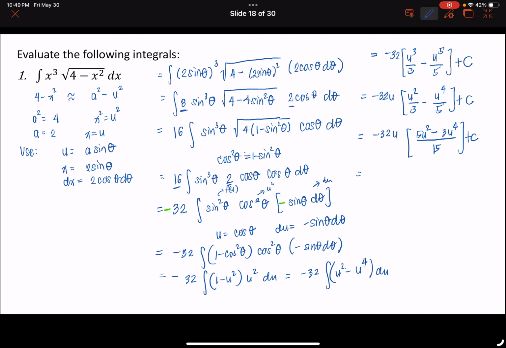So we have negative 32u over 15 times 5u squared minus 3u to the fourth plus c. U is cosine theta. So we have negative 32 over 15 cosine theta times 5 cosine squared theta minus 3 cosine to the fourth theta plus c.